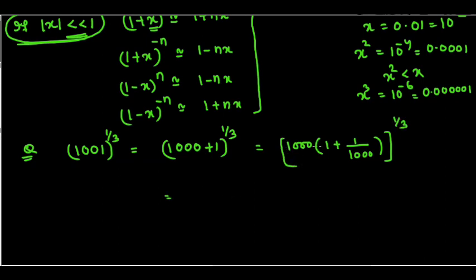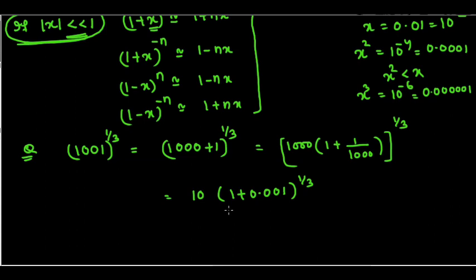So 1000 whole to the power 1 by 3 will be 10, because we know that power 1 by 3 means cube root. So the cube root of 1000 will be 10, and then we have 1 plus 1 by 1000, which is 0.001, and the power is 1 by 3.